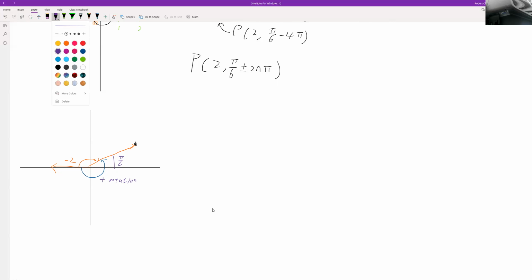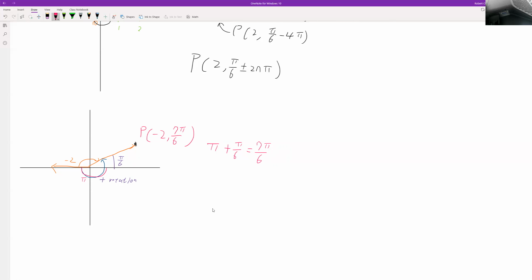So this segment here is pi. If we rotate pi plus pi over 6, which is 7 pi over 6, with a negative radius, we will get to that point, right? So this point will have the polar coordinates of negative 2 and 7 pi over 6.